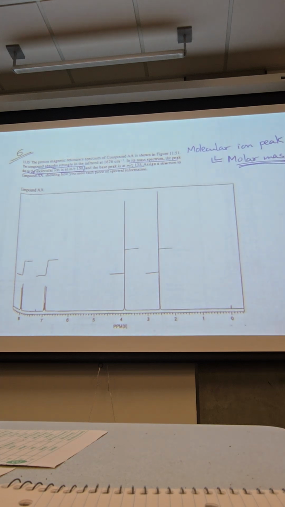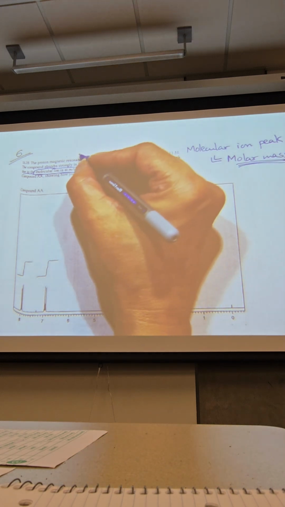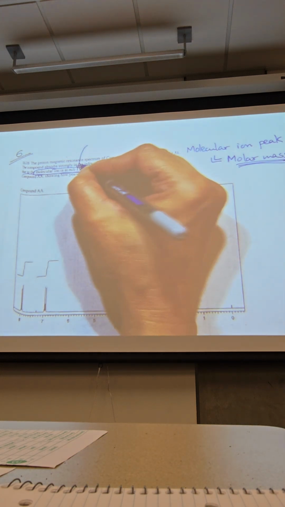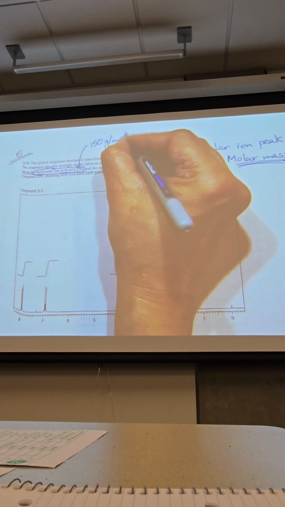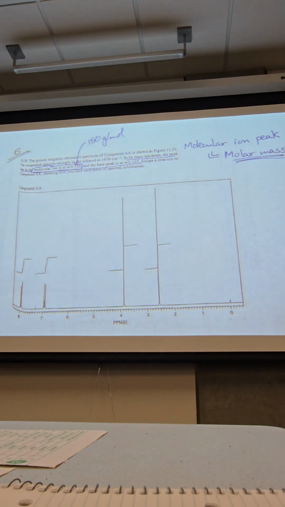So this is telling me that whatever structure I'm going to come up with, the molar mass is going to be 150 grams per mole. That's what the molecular ion peak in mass spec does.